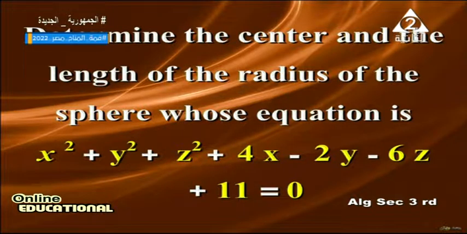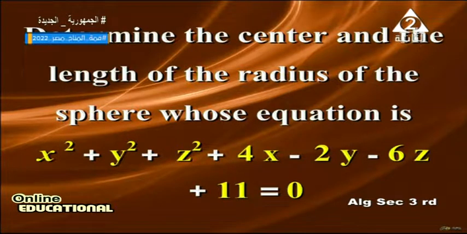Negative half the coefficient of x, negative half the coefficient of y, negative half the coefficient of z. 4 divided by -2 is -2. -2 divided by -2 is 1. For z, -6 over -2 is 3. Therefore, the center is (-2, 1, 3).